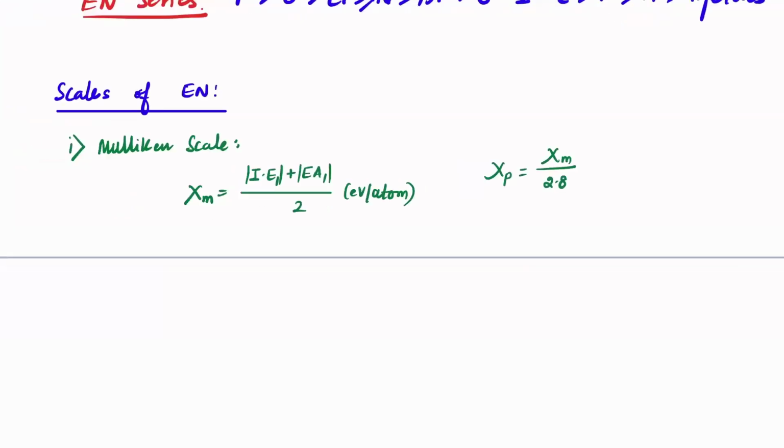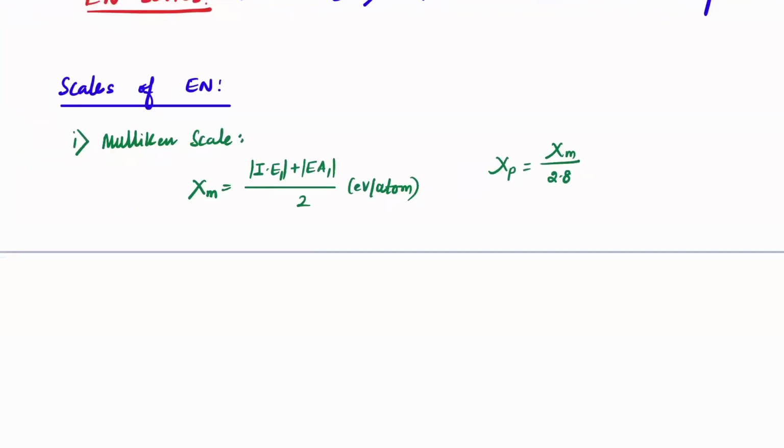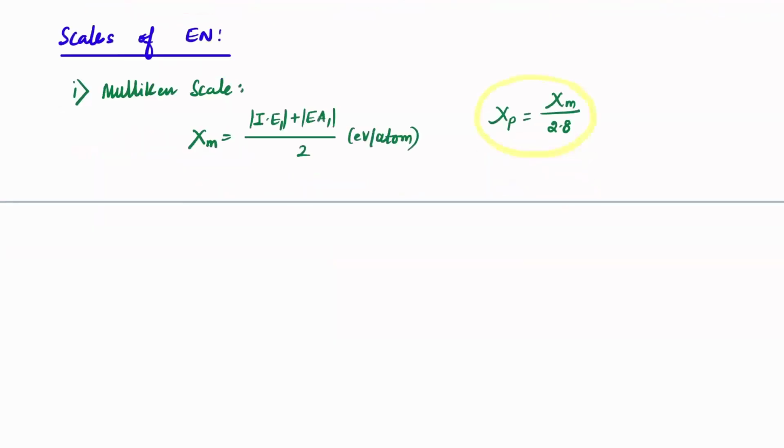So this is a trend that has been observed between the Mulliken scale and the Pauling scale. So in terms of the Pauling scale, I can write this as IE1 plus EA1 divided by 5.6, in electron volt per atom.